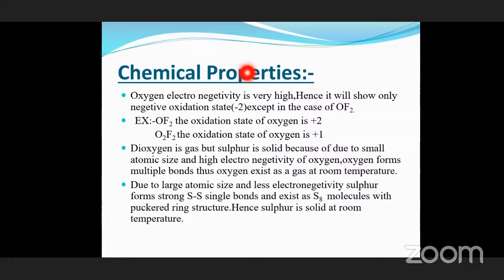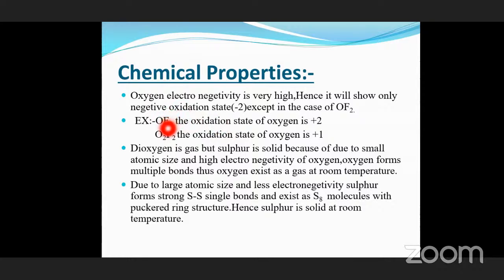Okay, so that's why oxygen always shows the -2 value, but there are some exception rules. What are those? Except in case of OF2. Here, for example, in OF2, the oxidation state of oxygen is +2. Generally oxygen will show -2, but when it is combined with fluorine, the oxidation state of oxygen is +2.